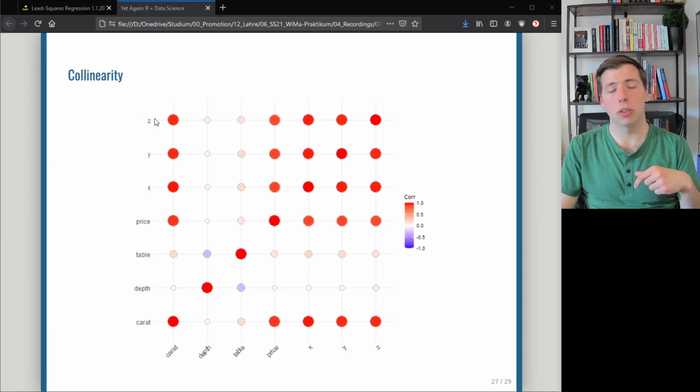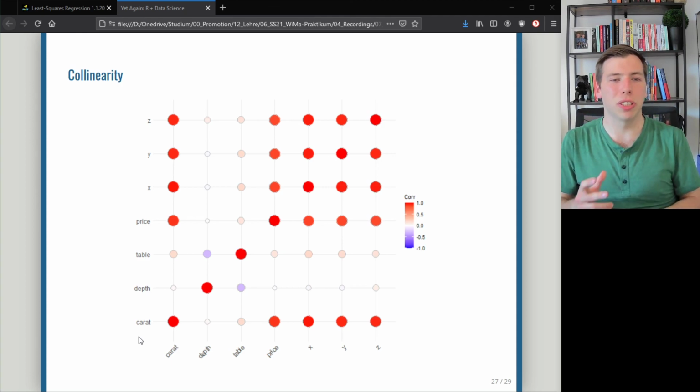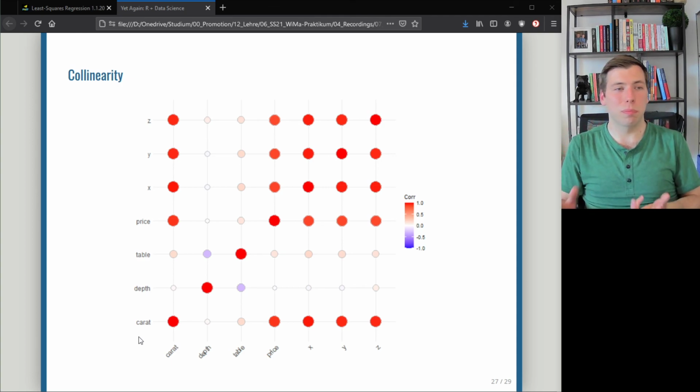And of course, that is highly correlated with the weight. If it's a larger diamond, then it will probably also weigh more, and therefore you cannot distinguish these two by a lot. And this is why the correlation between X, Y, and Z and the weight is really strong, and therefore also with the price.